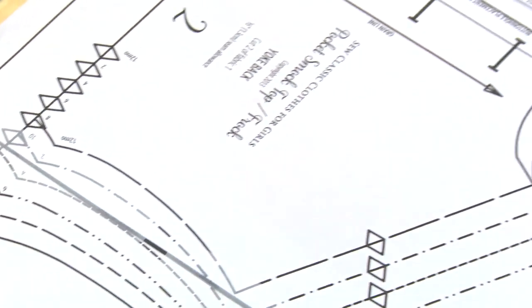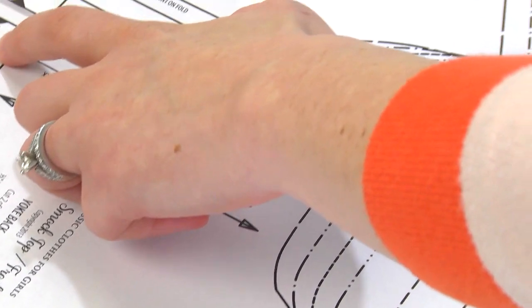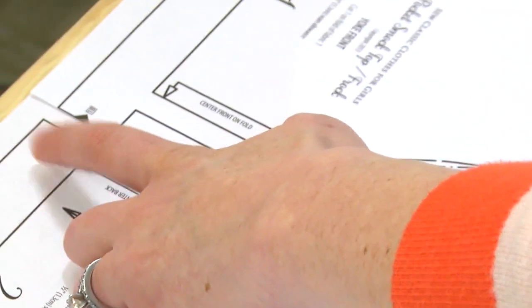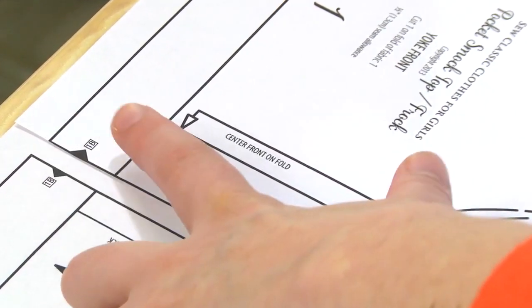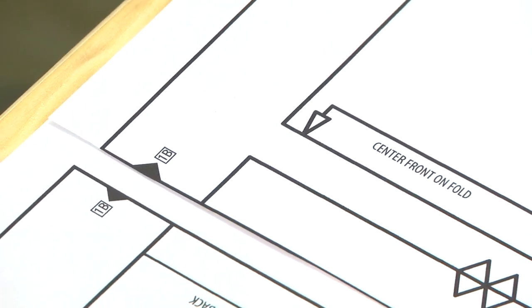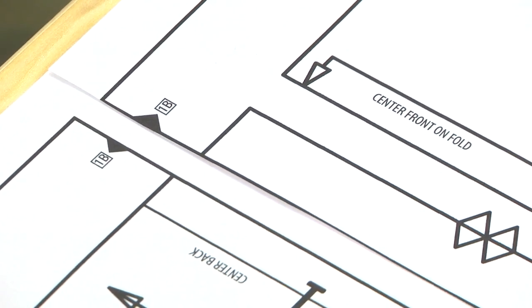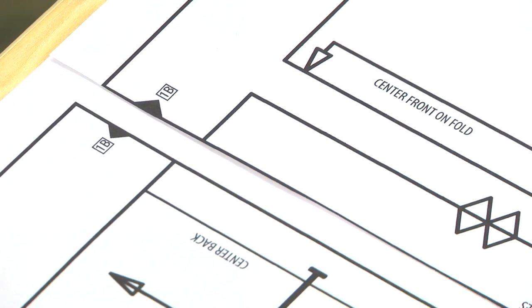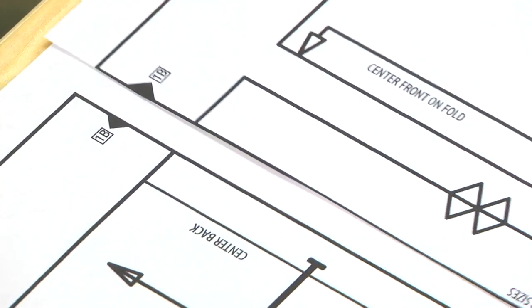Okay, now let's go over here to this next piece. We're going to join triangle 1B to 1B to make our diamond. So I got my tape ready.